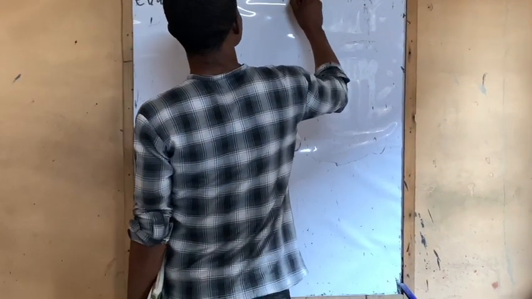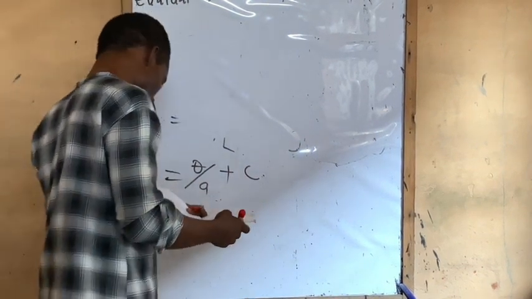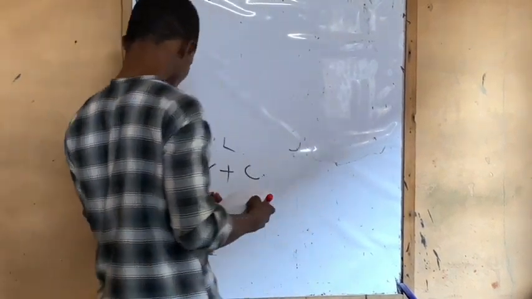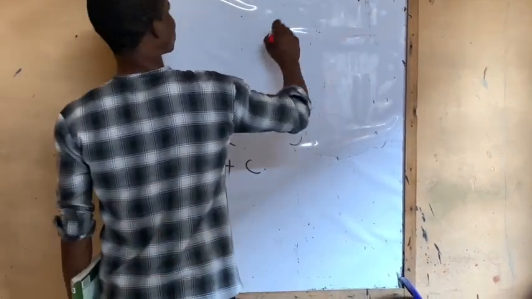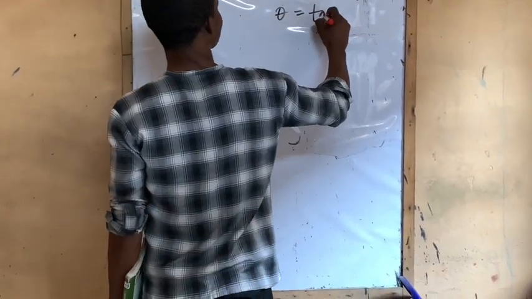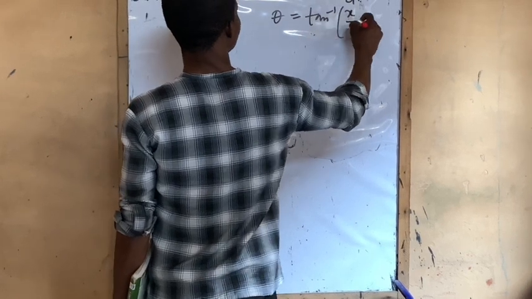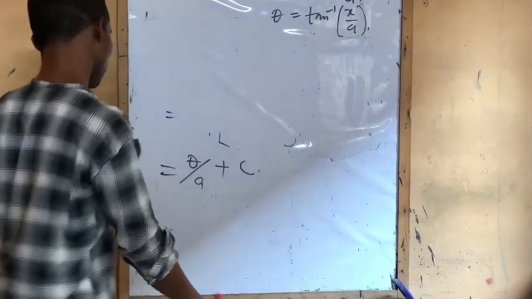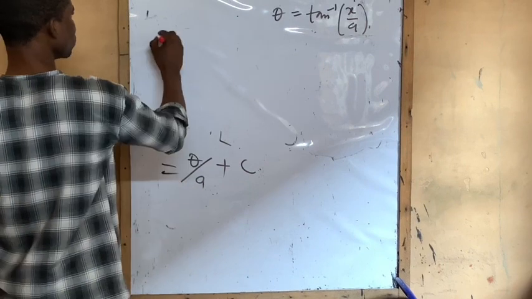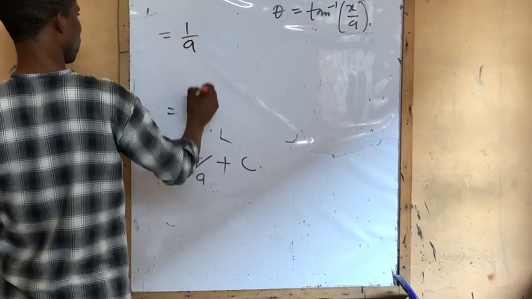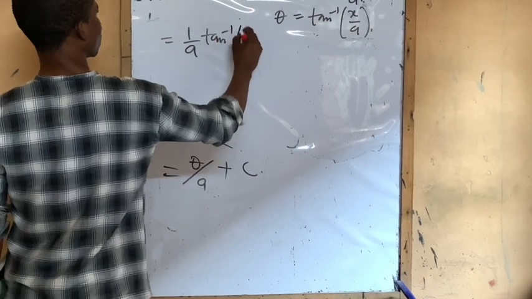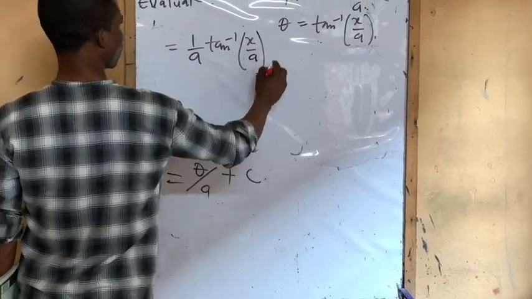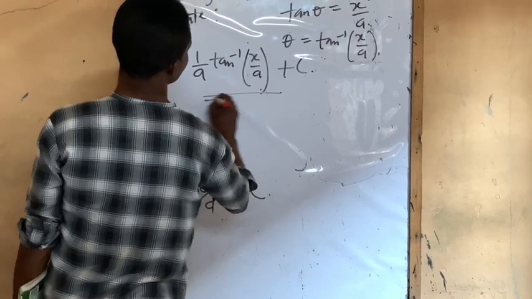We said tan theta equals x all over a. So my theta will just be shift tan x all over a. So my answer will be 1 all over a, shift tan x all over a plus c.